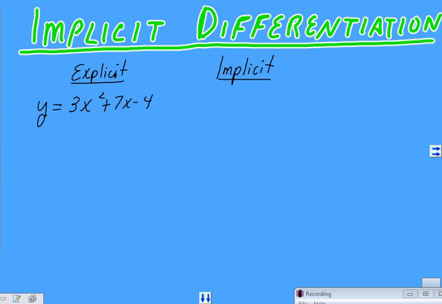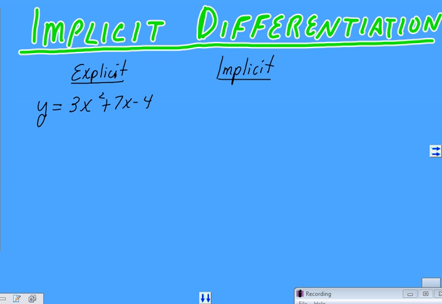On the other hand, you can have implicit expressions. The word implicit means that something's capable of being understood from something else, though not expressed. It's something that's implied. You don't have it clearly spelled out for you. In our case, mathematically, it means that we're not going to clearly know what y equals in terms of x.